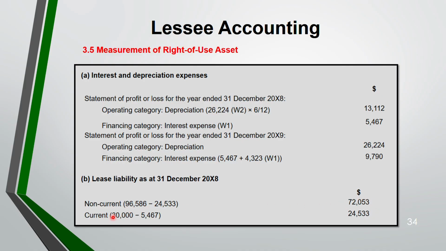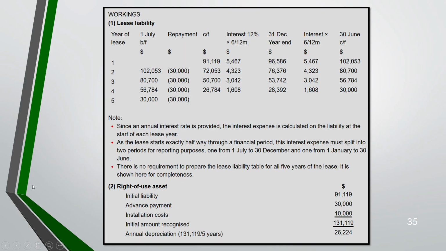And current is 30,000, that is the amount that we are paying, minus the current year's interest. Now, so these are the workings that have been done. Of course, this full working is included for completeness. It is not required for this question and it will not be asked for the financial reporting.